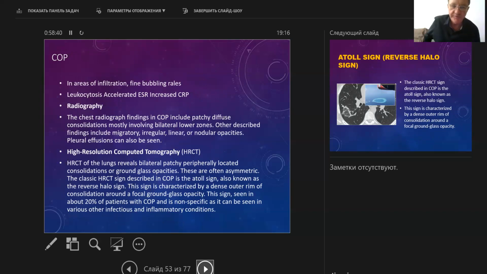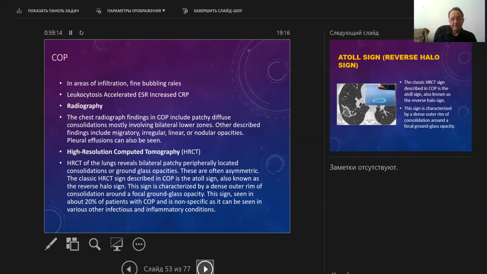In the areas of infiltration, during auscultation you can find bubbling rales, and in the complete blood count you can find leukocytosis, accelerated erythrocyte sedimentation rate, and increased C-reactive protein in the range from 20 to 40 mg per liter.